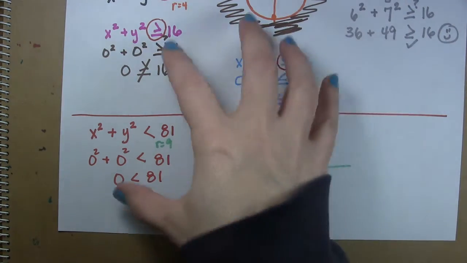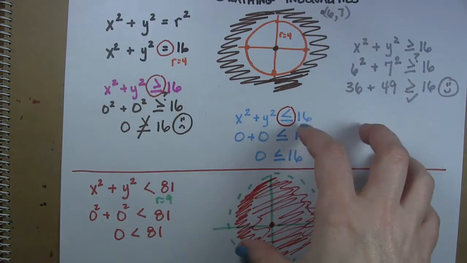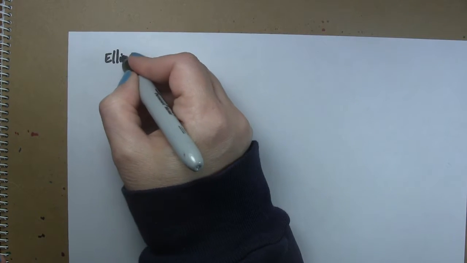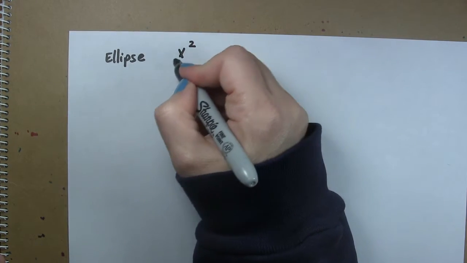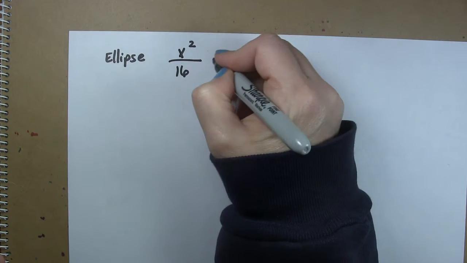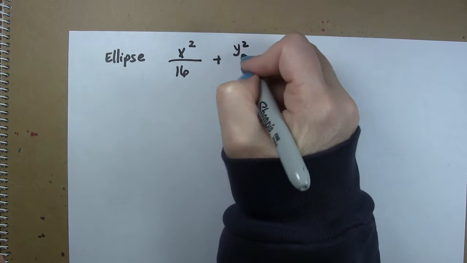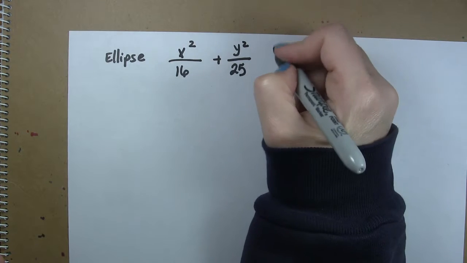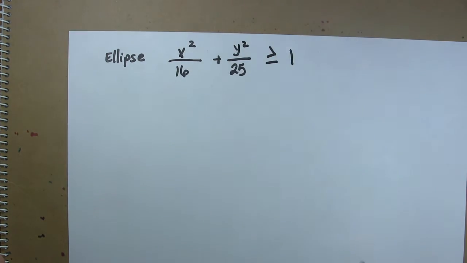All right, now we did these examples here using circles because they have such a nice little equation to work with. But you would do the exact same approach if you were using one of the other conics that we've been talking about. For instance, let's pretend that we are dealing with an ellipse. So our basic formula in this case is going to be x squared over 16 plus y squared over 25, and we're going to say that's greater than or equal to 1.